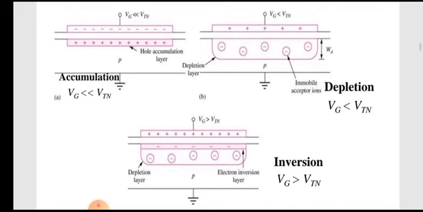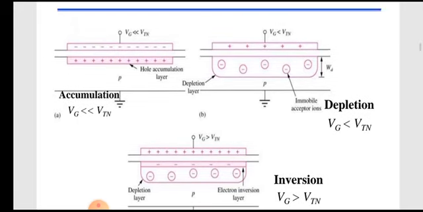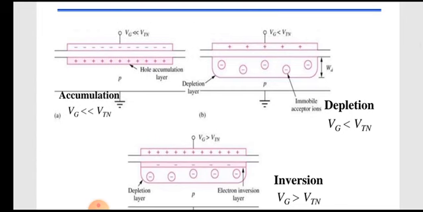The accumulation condition is when a small charge is given, because the threshold voltage is much higher than the gate voltage, and that's why we have taken the condition much less than the threshold voltage. Then the next region is depletion, when the gate voltage is less than, not much less than, the threshold voltage.